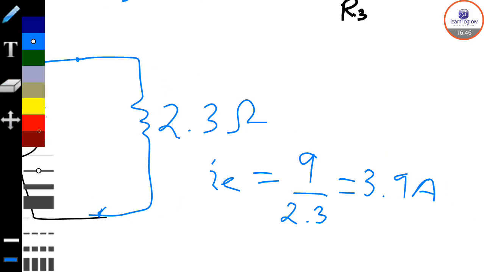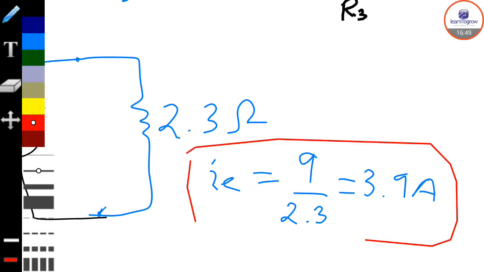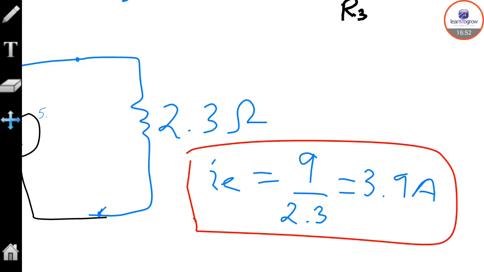You can see that the Y delta transformation has made it possible to analyze the circuit.